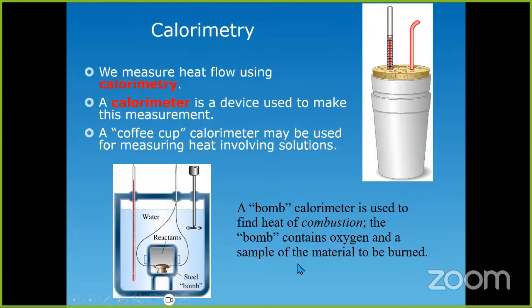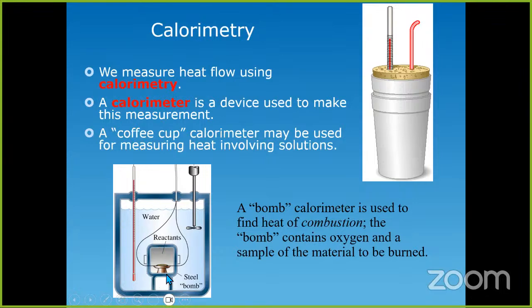Now, for reactions of organic compounds and combustion, a more sophisticated setup is used. We call this a bomb calorimeter because basically what you're doing is burning whatever the organic compound here is. So here's your organic compound. You have two leads, which lead to an external circuit.